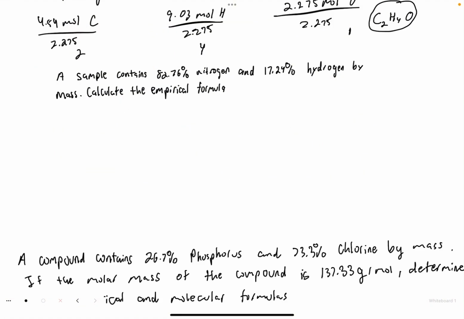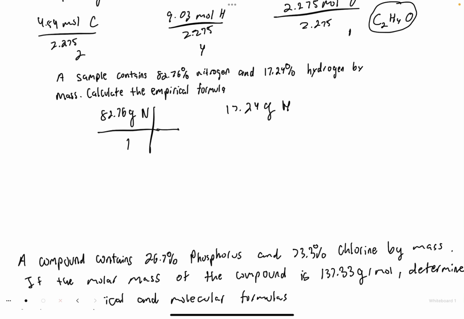In this next example, we have a sample that contains 82.76% nitrogen and 17.24% hydrogen by mass. Calculate the empirical formula. So as we've done in the past, 82.76 grams of nitrogen. I'm just going to change these percents to grams of the element.